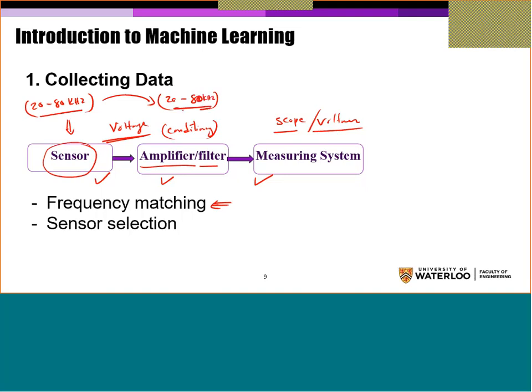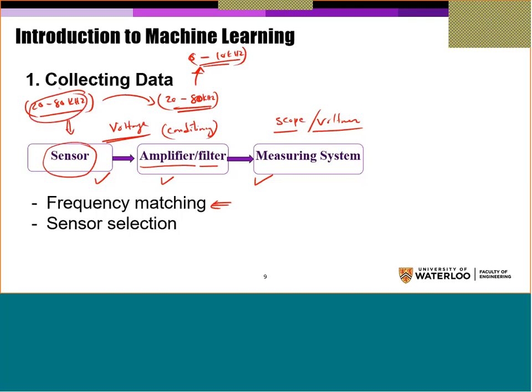I cannot have an amplifier that is used to amplify signals from, for example, DC to 10 kilohertz. If I use such an amplifier, it will not do any good for me. So I have to make sure that my amplifier is good in that specific range.